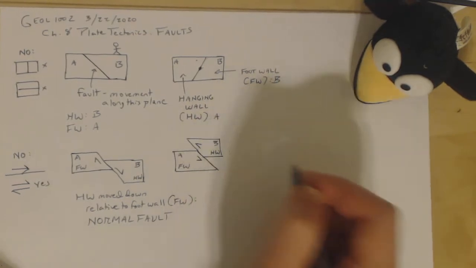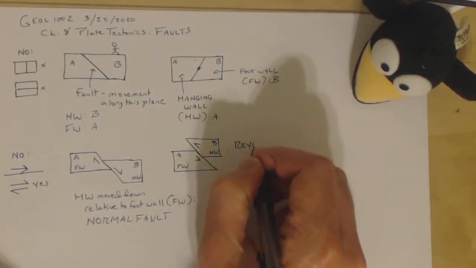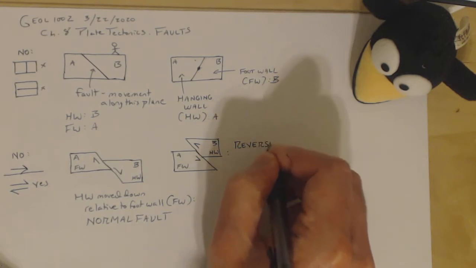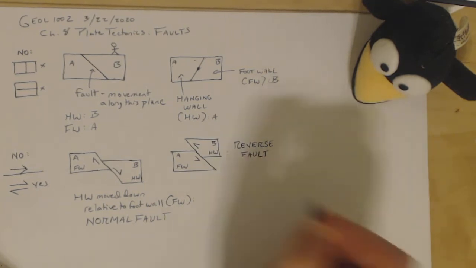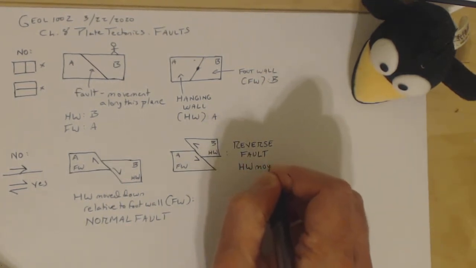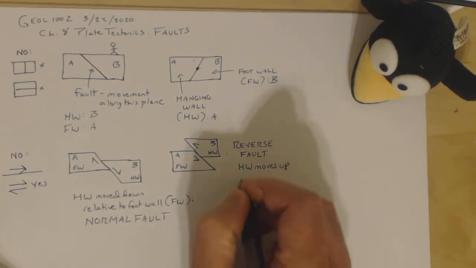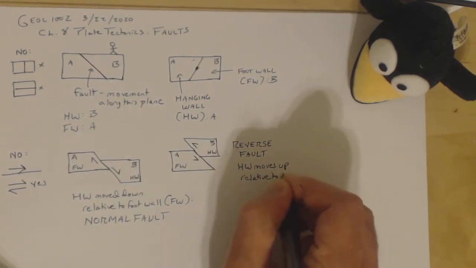This type of fault is called a reverse fault, where the hanging wall moves up or slides up relative to the footwall.